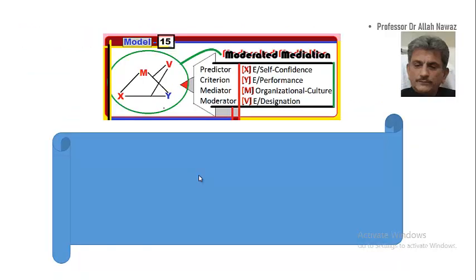So today we have explained the moderated mediation using Model 15 to demonstrate how the moderator, which is designation, a dichotomous variable representing officers and staff, works in a situation where X is self-confidence and employee performance is the dependent variable, while organizational culture is the mediator.